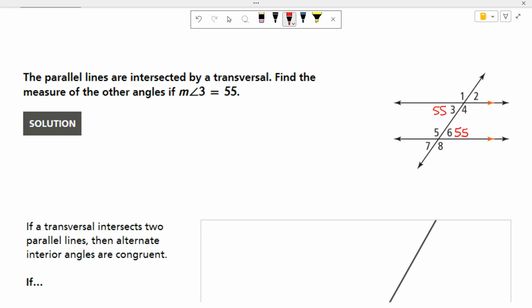Sawyer. 2 is 55 degrees. What's another one that's 55 degrees, Tony? 7 is 55 degrees. So the other angles aren't 55 degrees. We got to figure out what the other angles are.